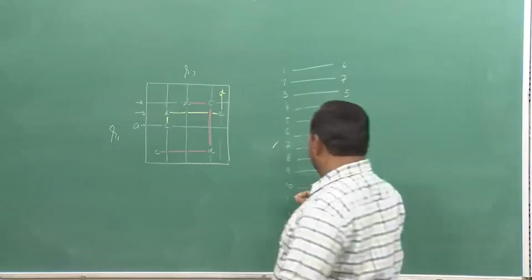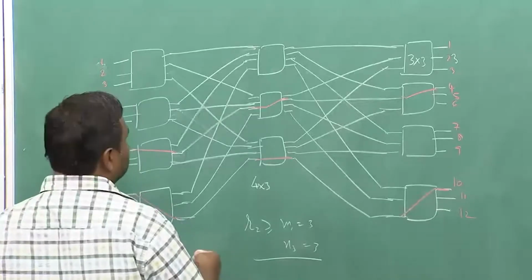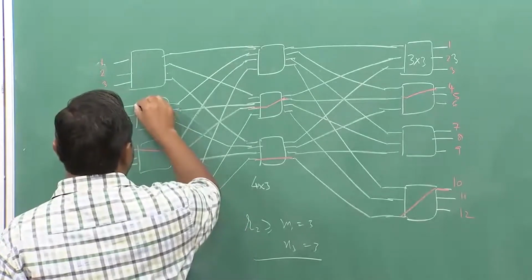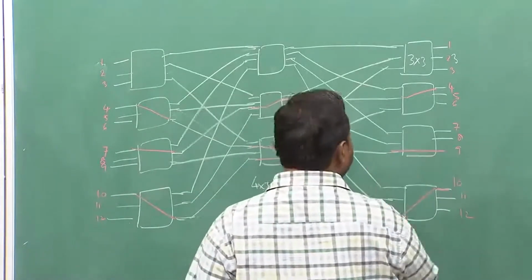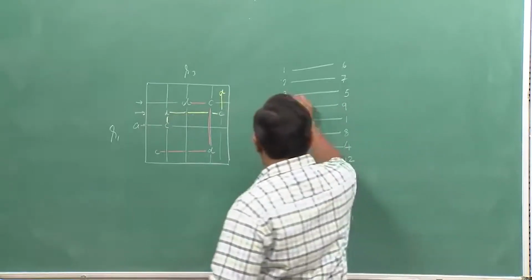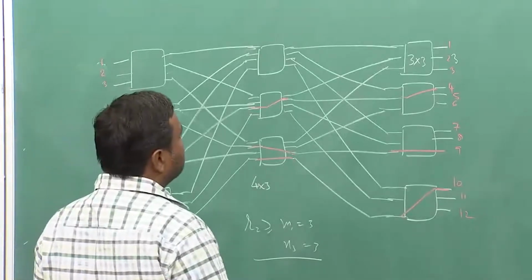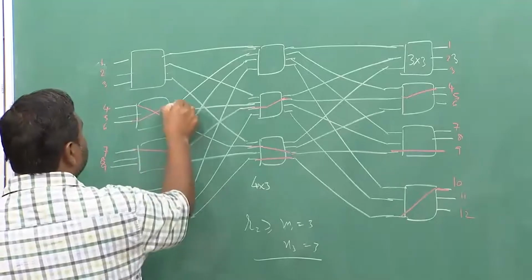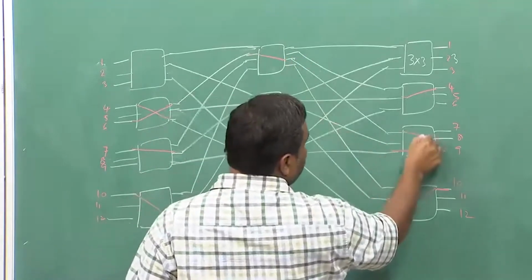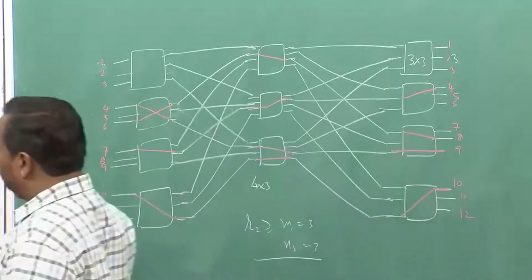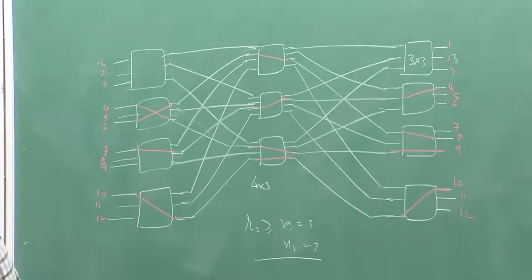So far I have not seen blocking. 4 to 9, let me put 6 to 8, 8 to 12, let me do that.